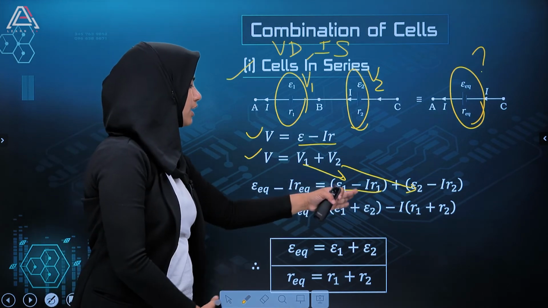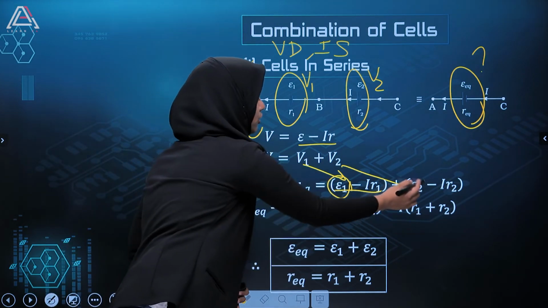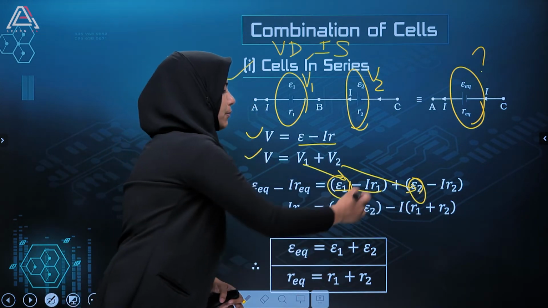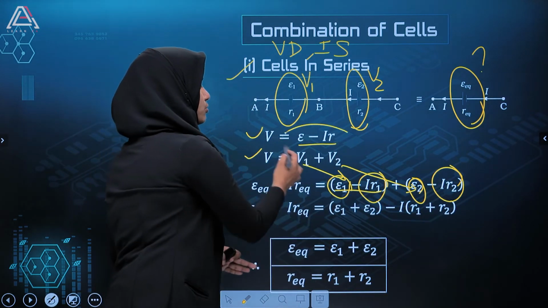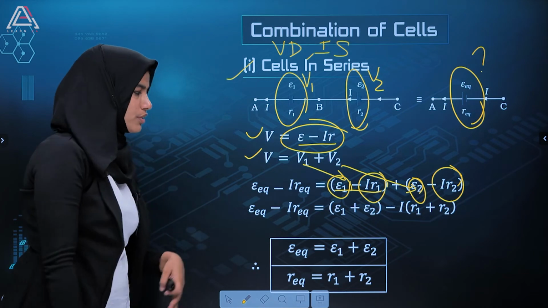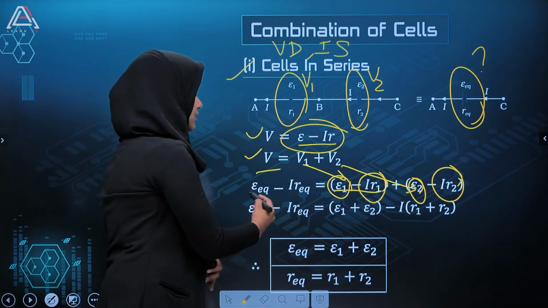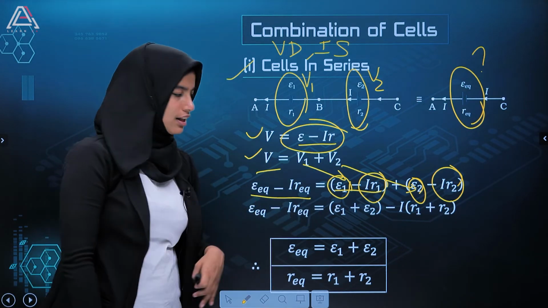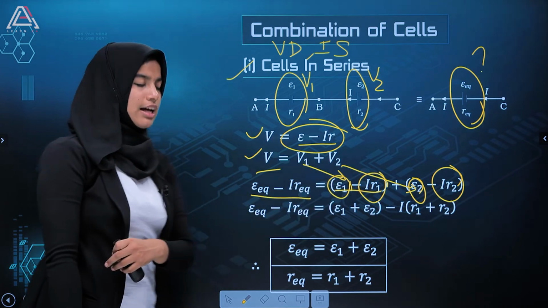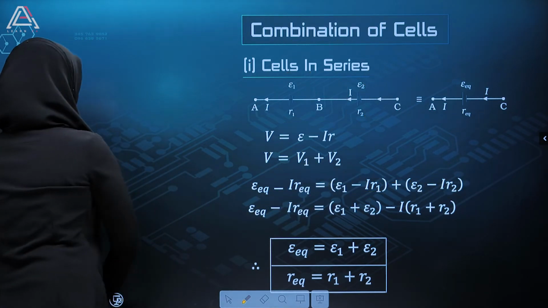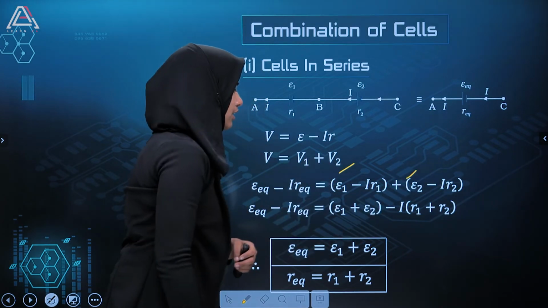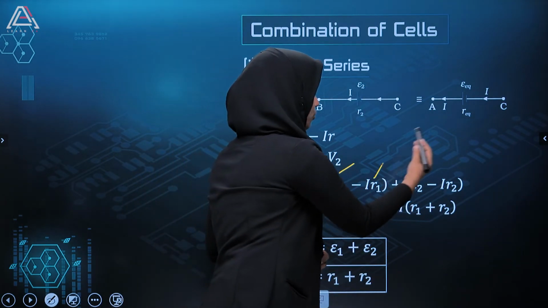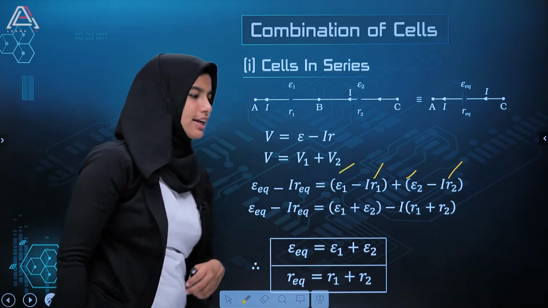Now I am combining the terms of E1 and E2 together, and the second two terms together, in order to equate with this equation. So instead of V, I can write E_eq minus I r_eq, and hence E1 plus E2 minus I into r1 plus r2.